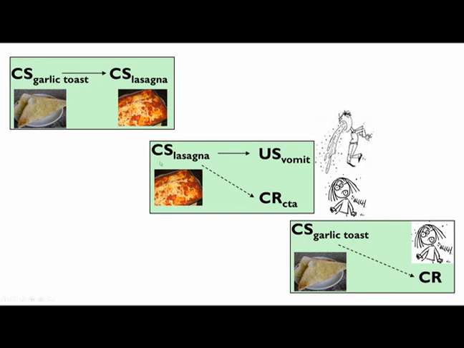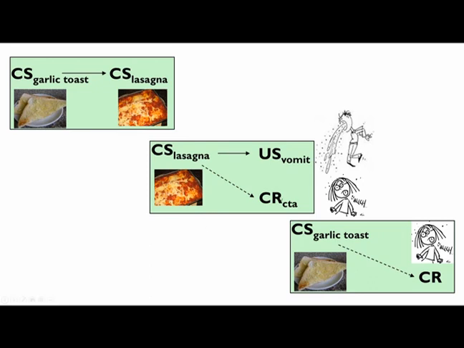Now, let's have a conditioning trial where we have a bad batch of lasagna. Maybe something went off, maybe it wasn't cooked right, and you get sick. So our conditioned stimulus of lasagna is now associated with that unconditioned stimulus of being ill.